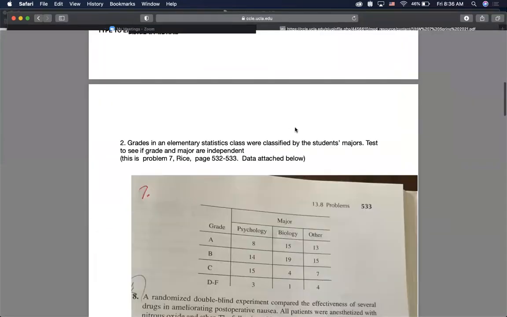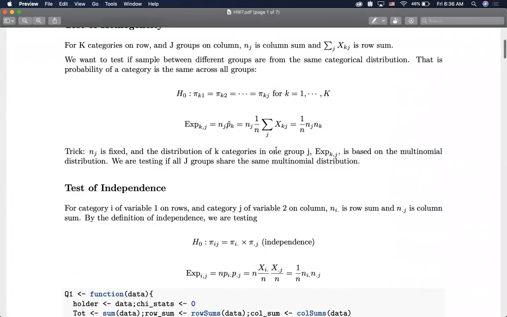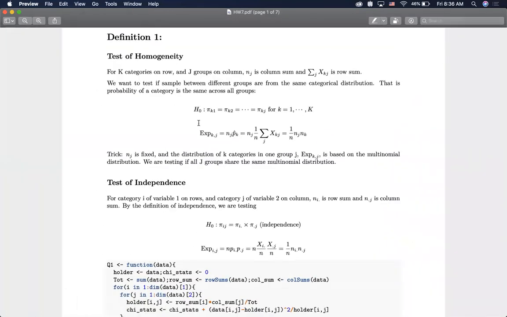For homogeneity, I think the null hypothesis gives you better intuition. Here we want to test across all the K categories that they are the same. But here we are more likely just testing one sample.